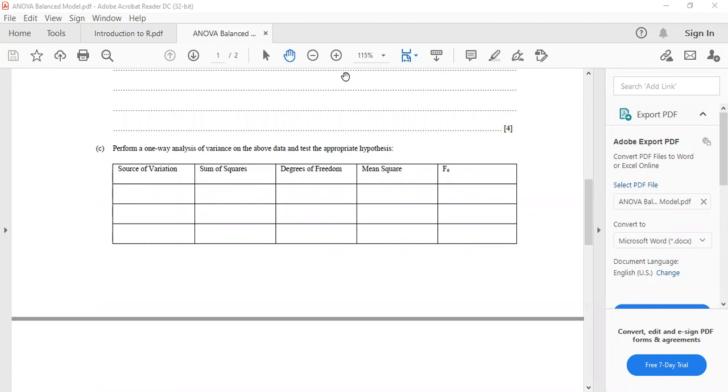Okay, let's repeat what you have said. In relation to this question, what is our a, and what is our n i? Our a is the number of treatments, so a is equal to 3.